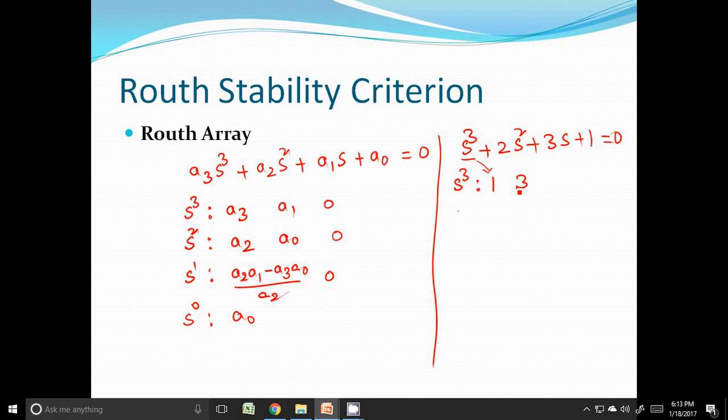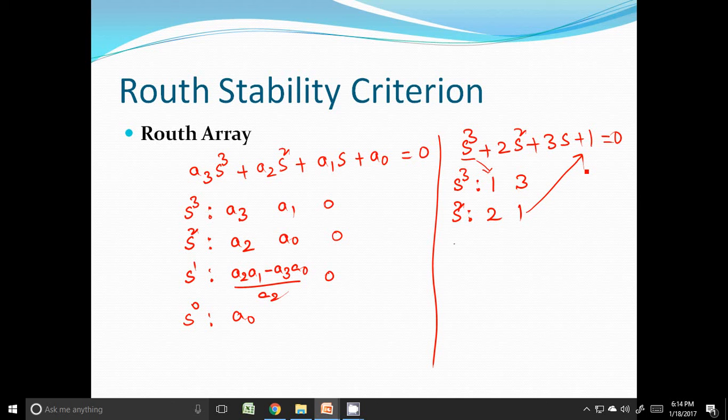Next, the second row, s square, should have the coefficients of s that have even power. So here this is 2 and this is 1, the constant term 1, because the constant is nothing but 1 into s power 0, and 0 is even.